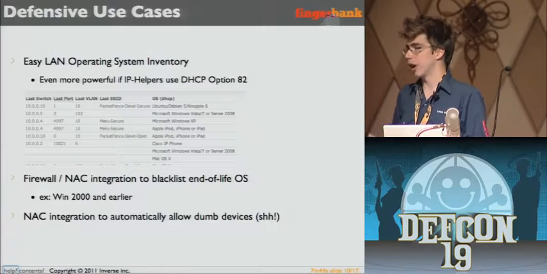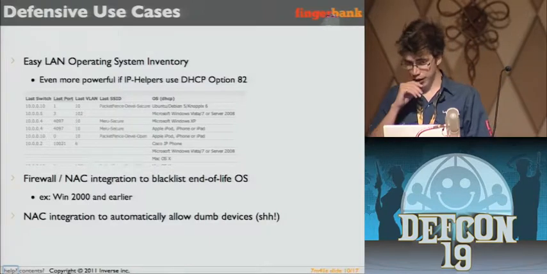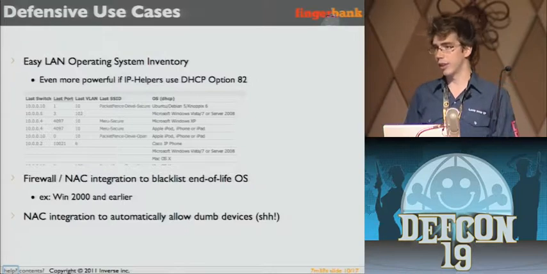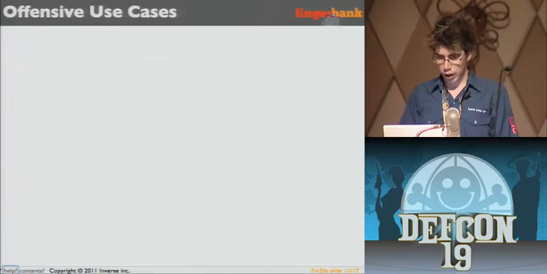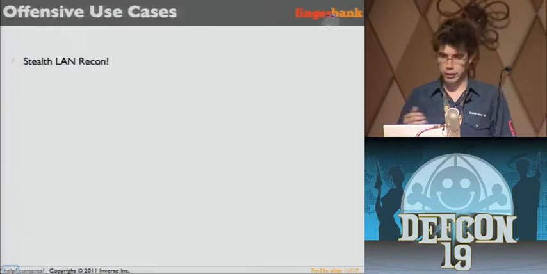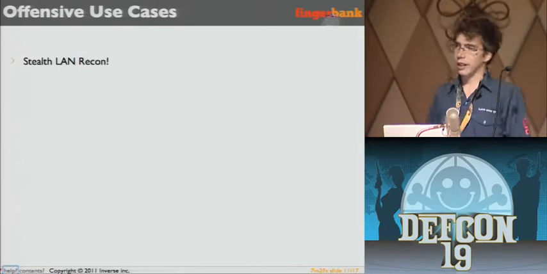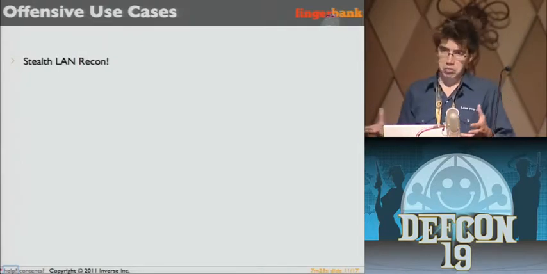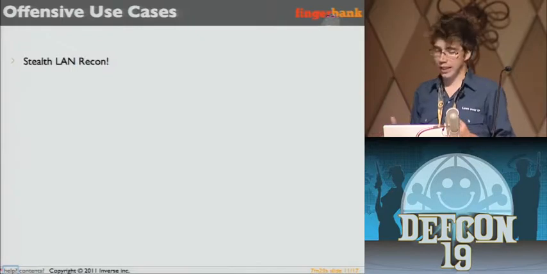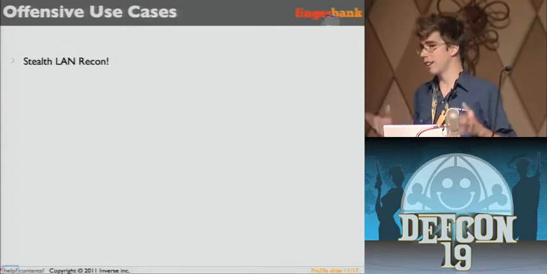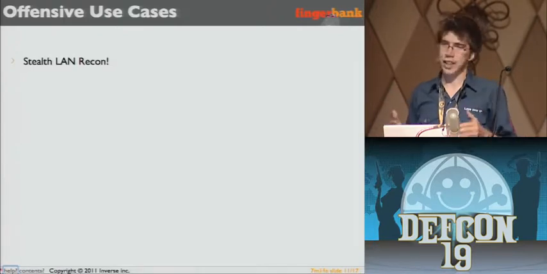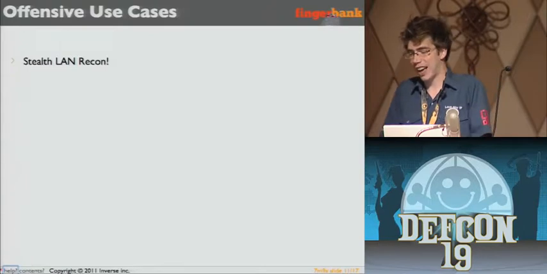It's powerful to have the two of them blended in, because you will know where a host is located, and because of the Fingerbank technology, if I may call it that, know what OS it's running. It's pretty powerful and interesting for network operators to know that. You can do firewall and network access control integration to blacklist end-of-life stuff, for example, or even better, BackTrack, or Linux if you want.